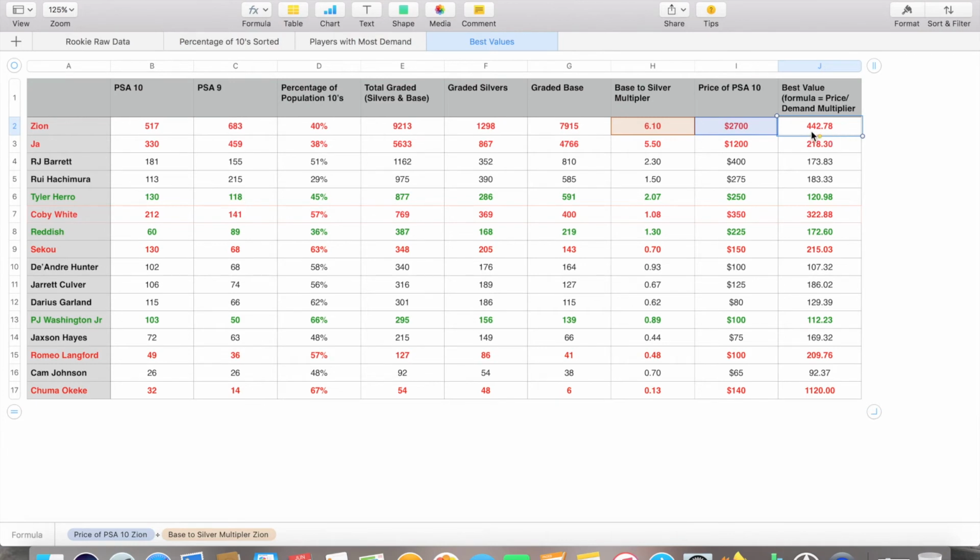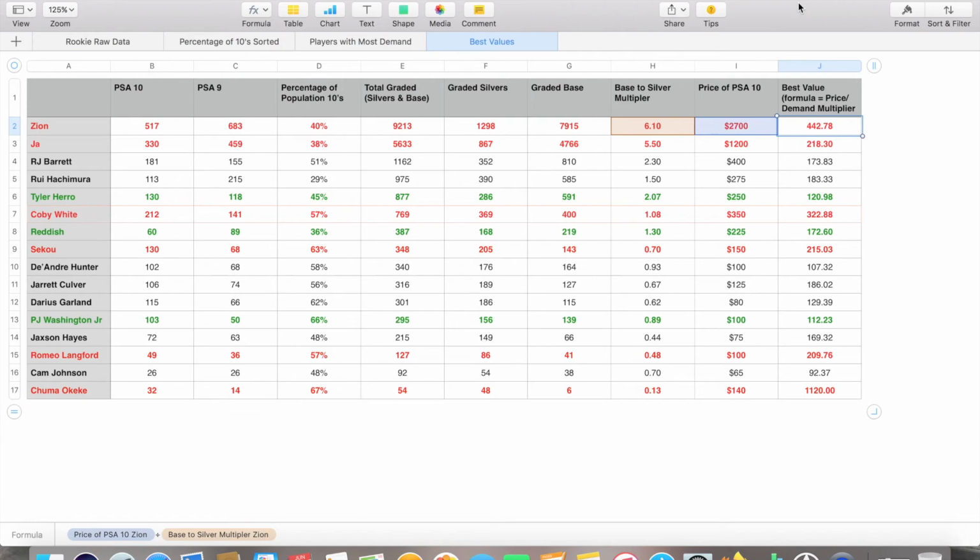So we can see that Ja and Zion are very, very high values, very, very high prices compared to their demand. So the higher the number, like I said, in my opinion, the more overpriced they are. But with top prospects, you see that all the time.